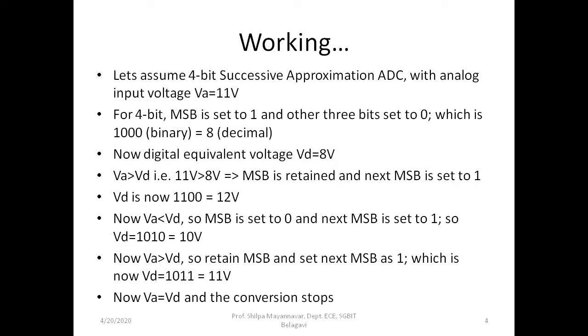Now it is 1011. So now we can see that VA is equal to VD. That is, VA is equal to 11 volts and VD is also equal to 11 volts. And here the conversion stops. So this is the working of a successive approximation A to D converter.